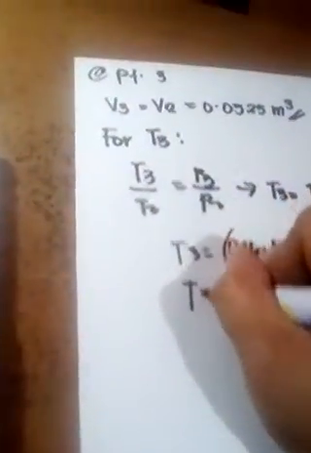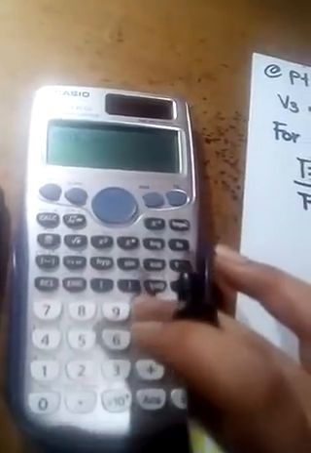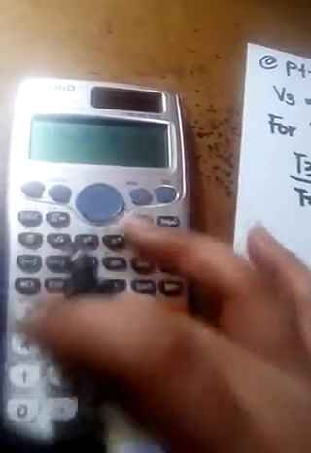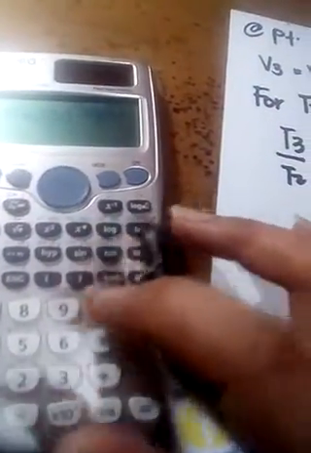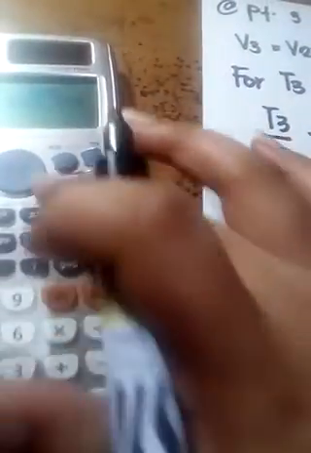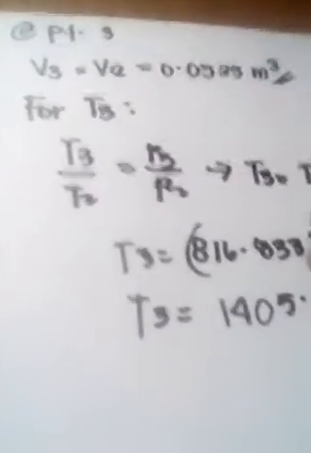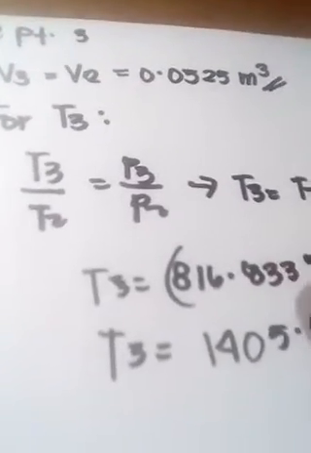Therefore, T3 is equal to 1,406.858 degrees Kelvin.